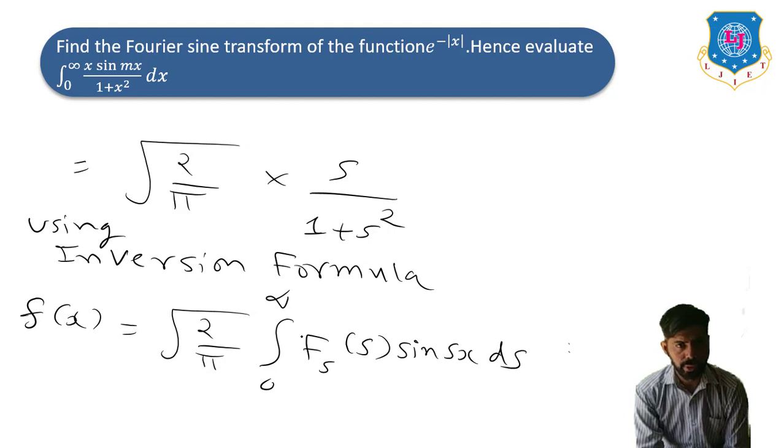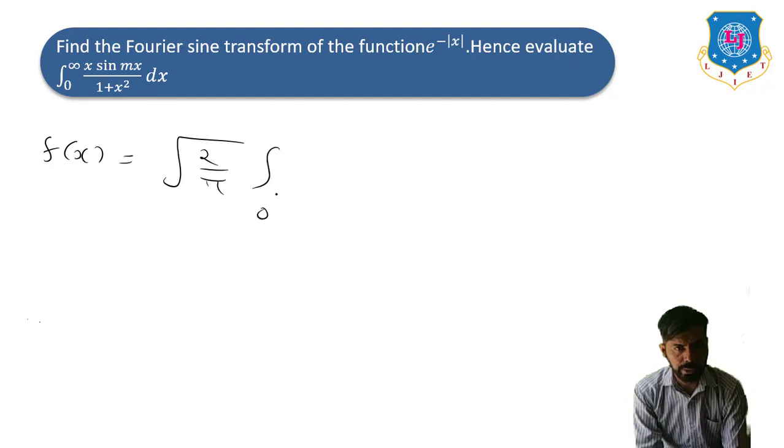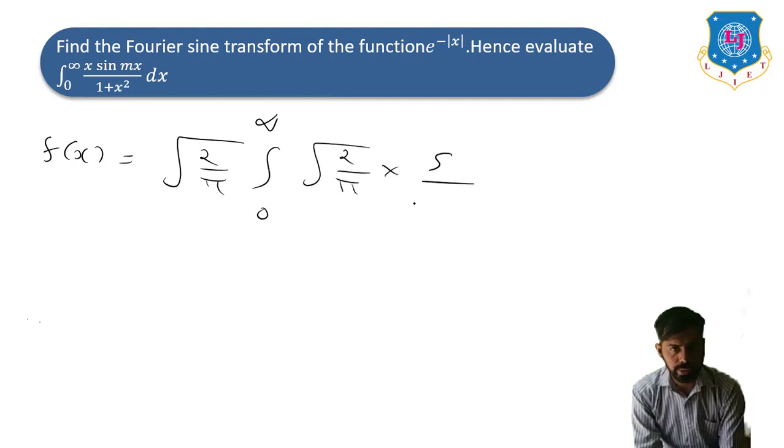Now here what is fs of s? This is the Fourier sine transform. So this will become f of x equals square root 2 by pi integration 0 to infinite. So what is the Fourier sine transform of this function? It is square root 2 by pi into s divided by 1 plus s square into sine sx ds.